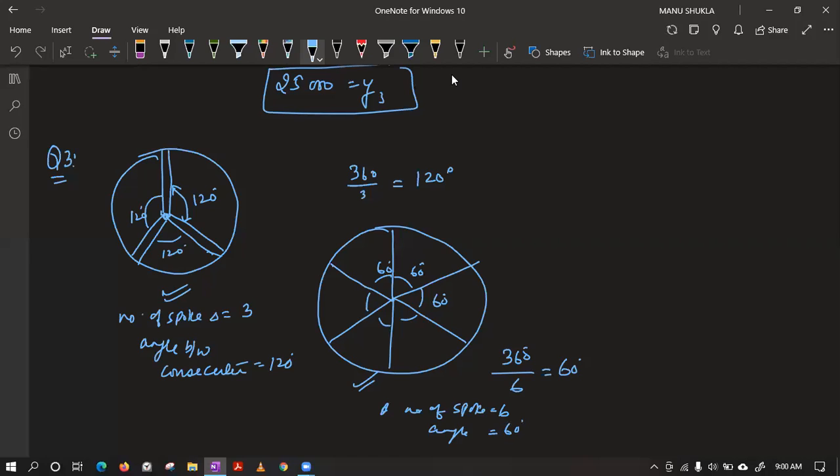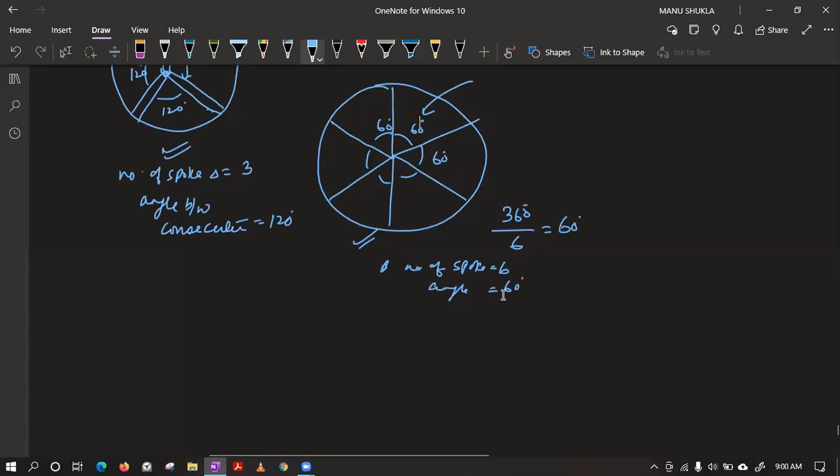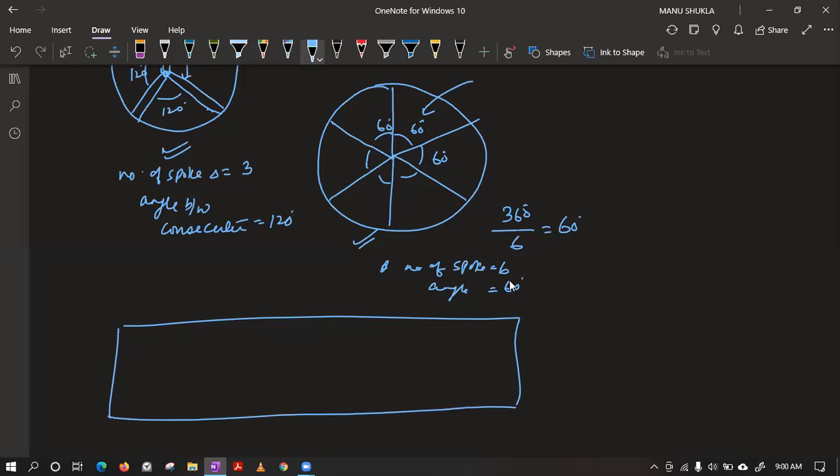So we can say the more the number of spokes, the lesser will be the angle between consecutive spokes. So this is a relation known as inverse proportion. So we can use that in finding other cases. So they have given you a table like this. So when angle increases, spokes are less. Yes, it is an inverse relation.